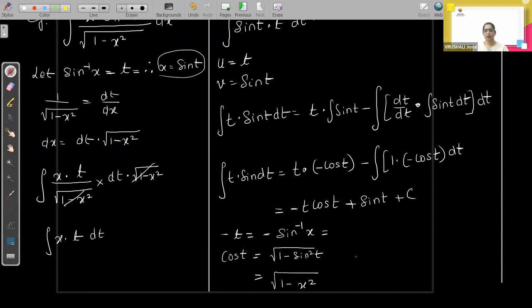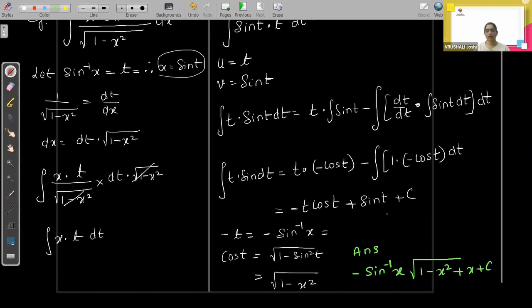So our final answer we can write down as minus sin inverse x, root of 1 minus x square plus x plus c, correct? Minus sin inverse x plus c, correct?